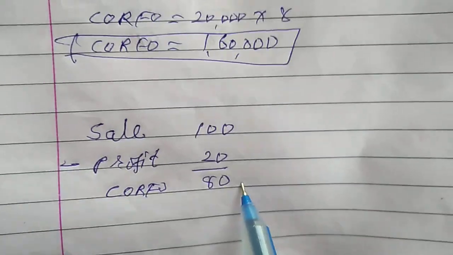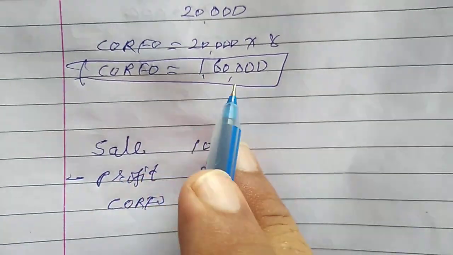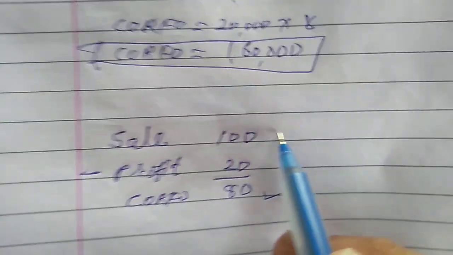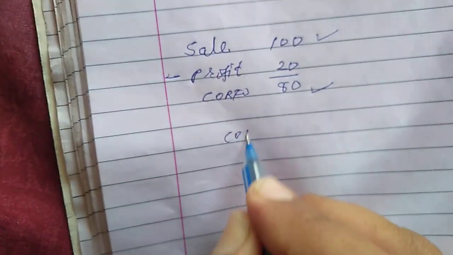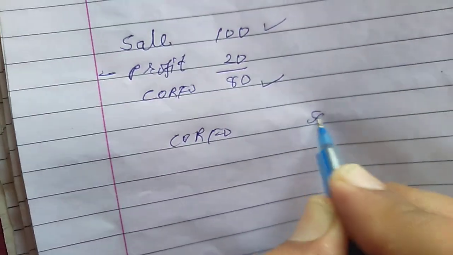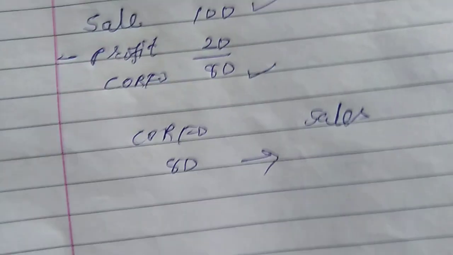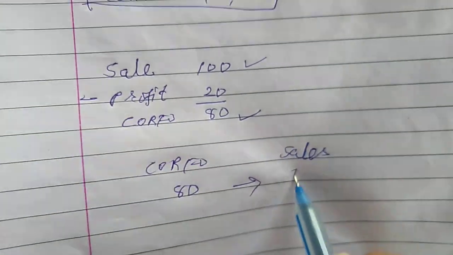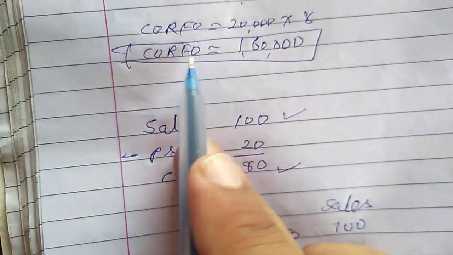Here the cost is given: cost of revenue from operation is 1,60,000.